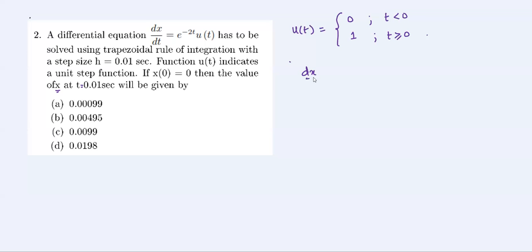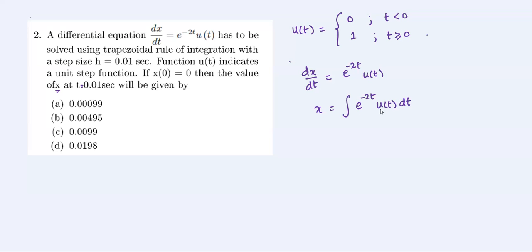Now dx by dt is e power minus 2t into u(t), so x will be the integral of this dt.